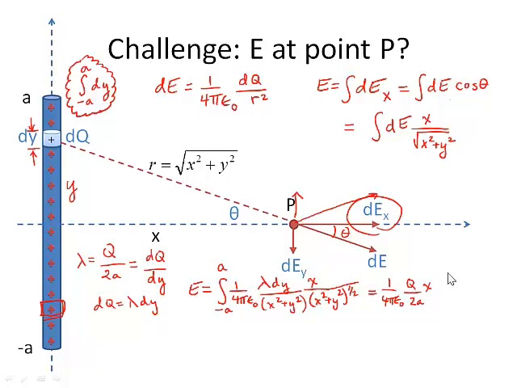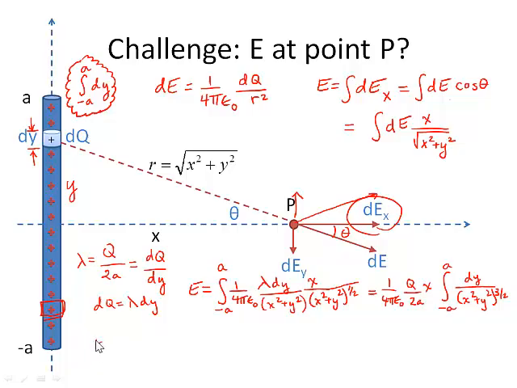And what I have left over is the integral from -a to a of dy over x squared plus y squared to the 3/2. I think what I would do with this integral is just look it up in an integral table, but I think you can also do a trig substitution here.